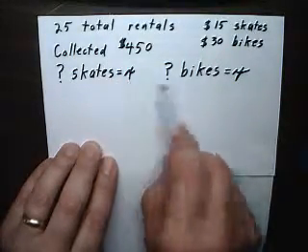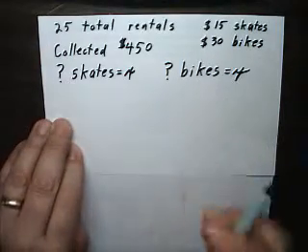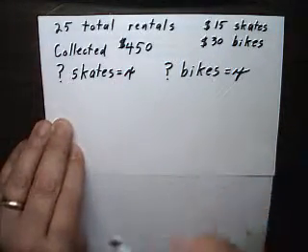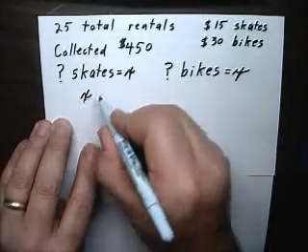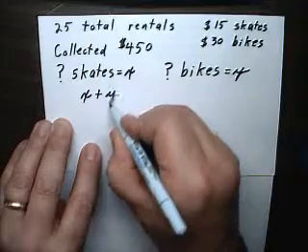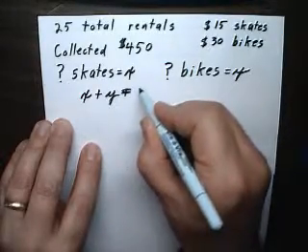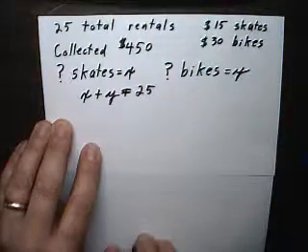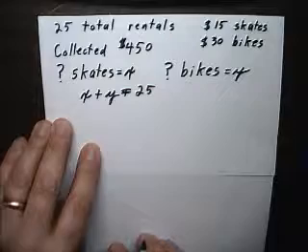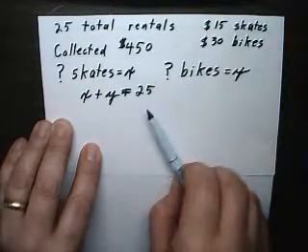So whatever X is and whatever Y is, when you add that up, you're going to get 25. That's a relationship. I think it's the simplest relationship in this particular problem, and that relationship is X plus Y equals 25. So now that takes care of the 25 total rentals.